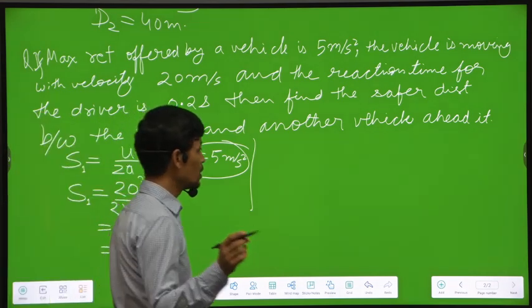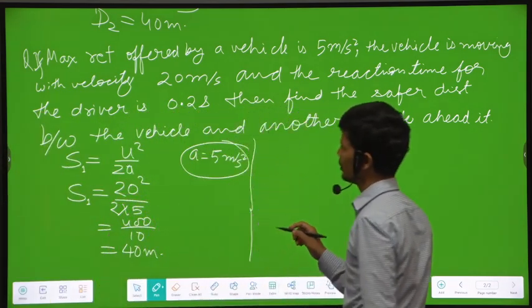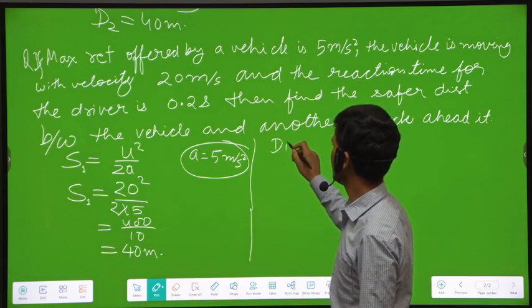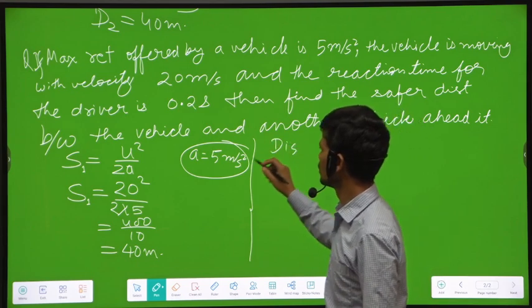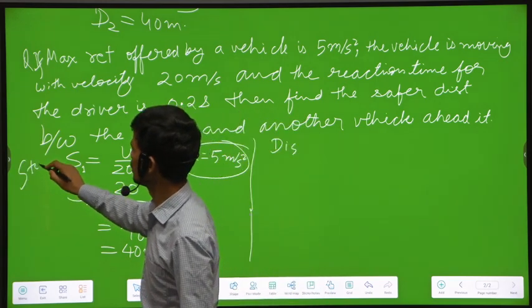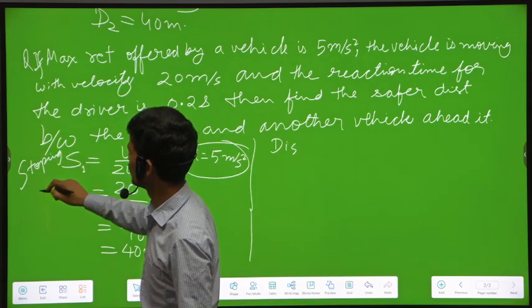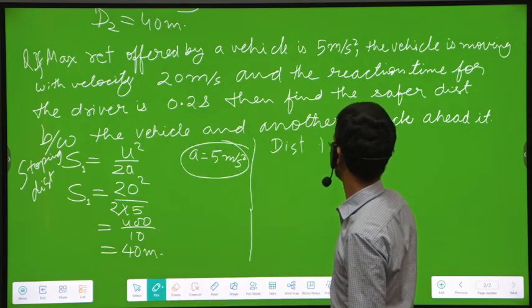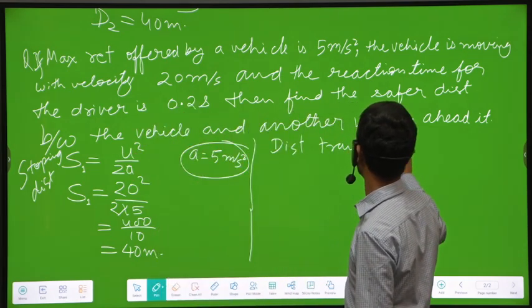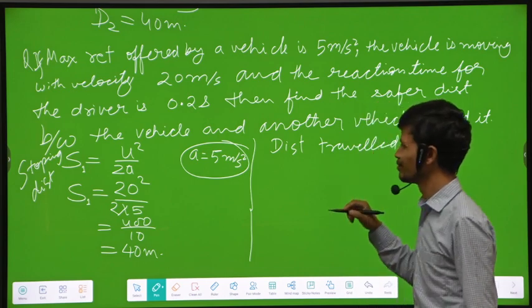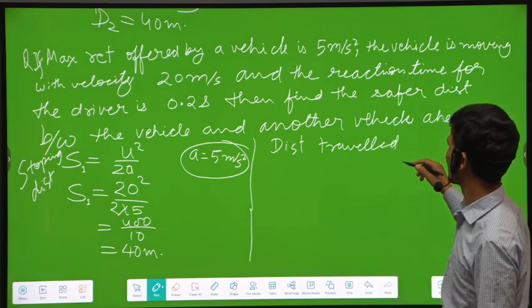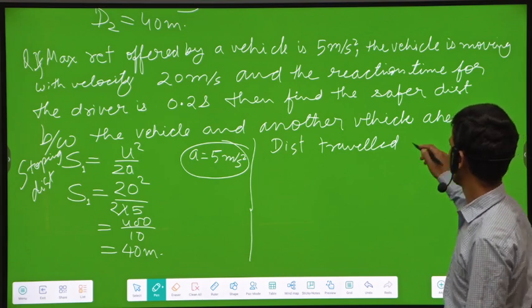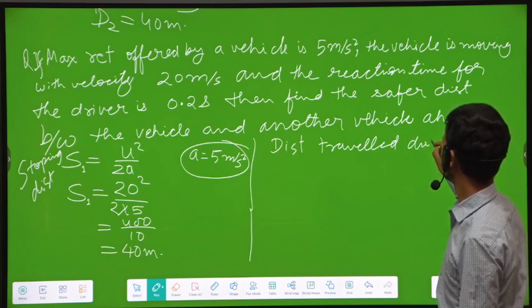But there is a reaction time error also. So this is the stopping distance, and there is the distance traveled during reaction time.